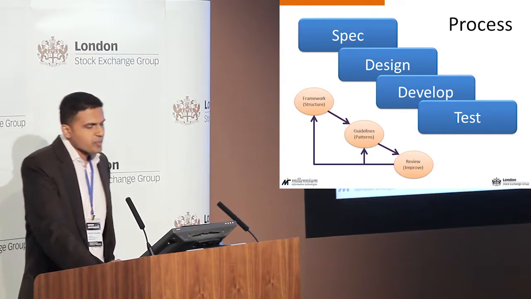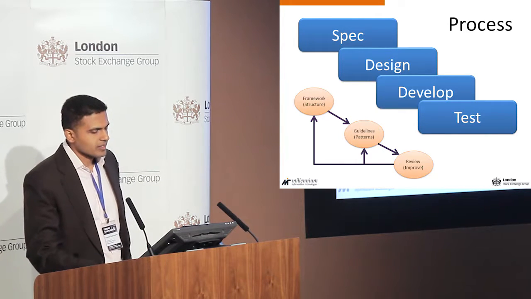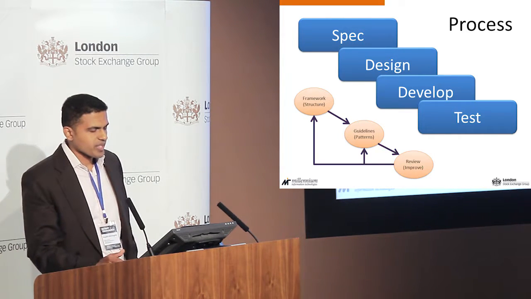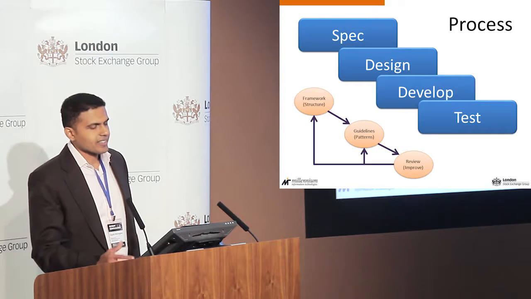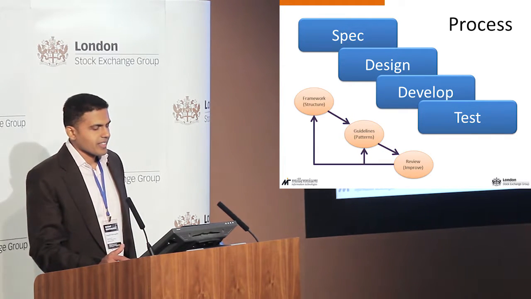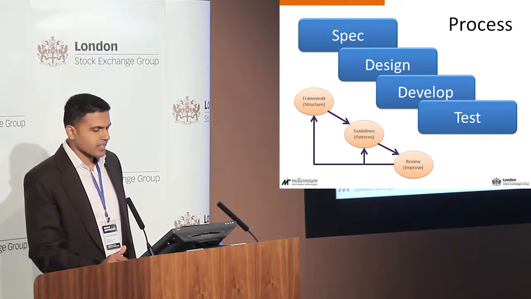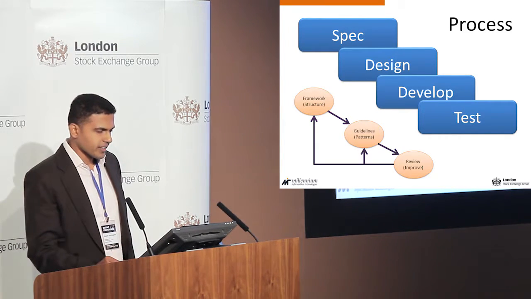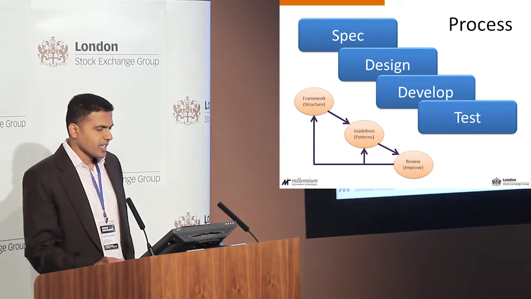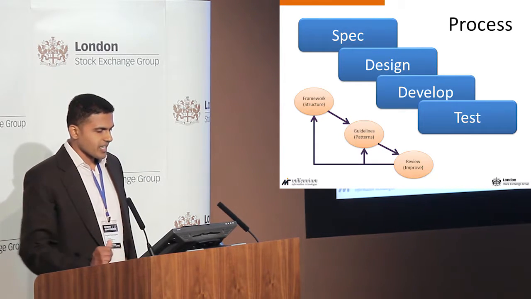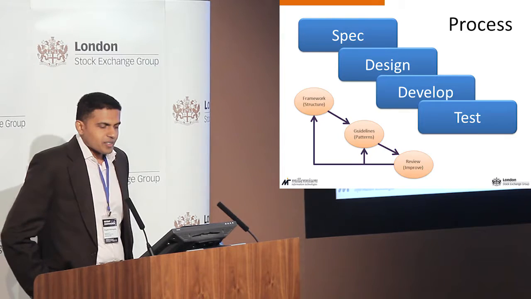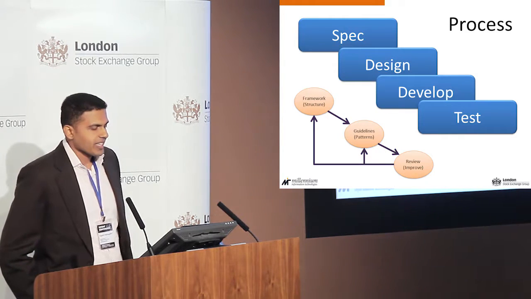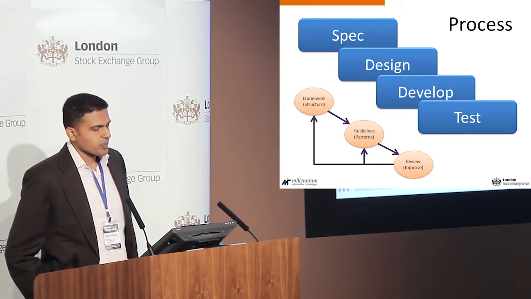So the frameworks in place give us structure and reuse as much as possible, and guidelines drive the patterns, the good practices that we want to follow. And again, the feedback loop in the review process makes sure we keep on improving our process, and the quality of the process keeps on improving.